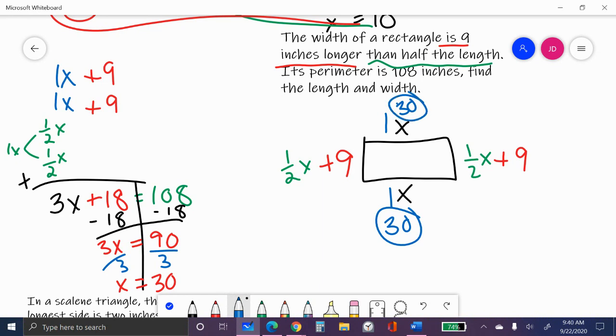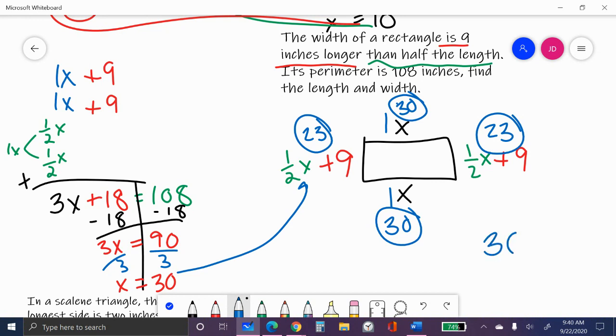And the width is going to be half of 30, right? When I plug that in, half of 30 is 15 plus 9, which is 24. So technically we have a 30 by 24 rectangle.